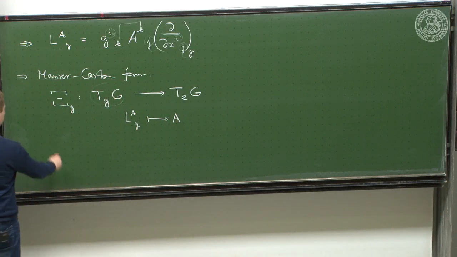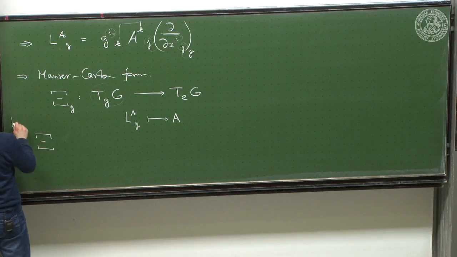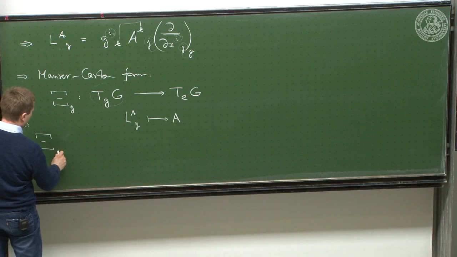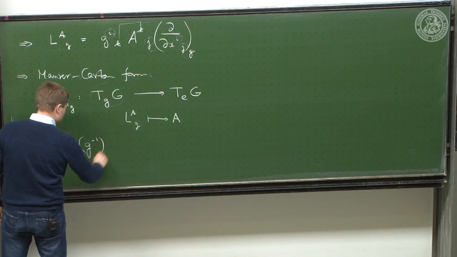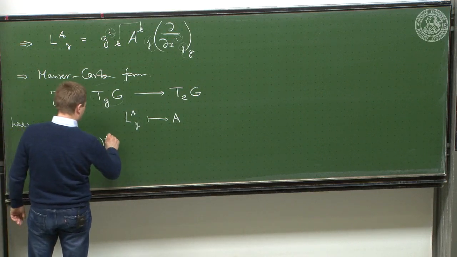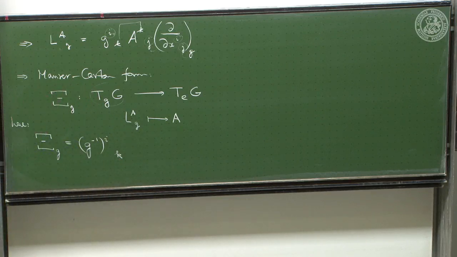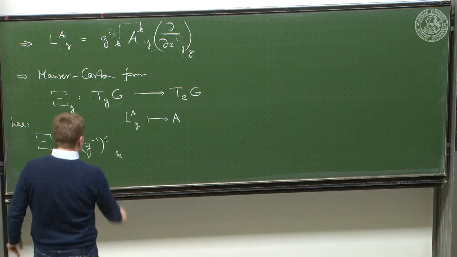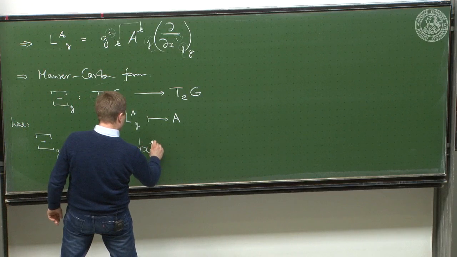And so if I want to achieve this in this example, I have to define this as (G inverse)_ik dx_kj.